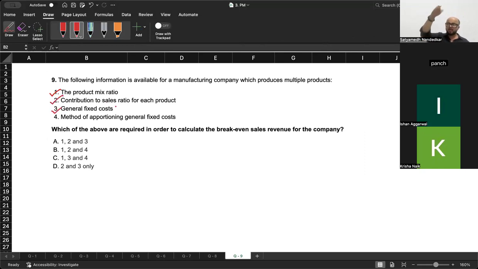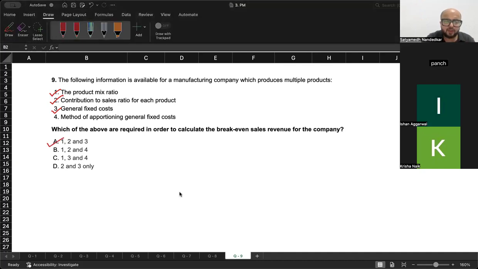Contribution to sales for each product, that you will have to multiply using the product mix, right? You had in the previous question 40%, 30%, whatever. So you will need that to calculate the weighted average CS ratio. Hence, your answer has to be option A, 1, 2 and 3. Okay? Any questions in this one? No, sir.